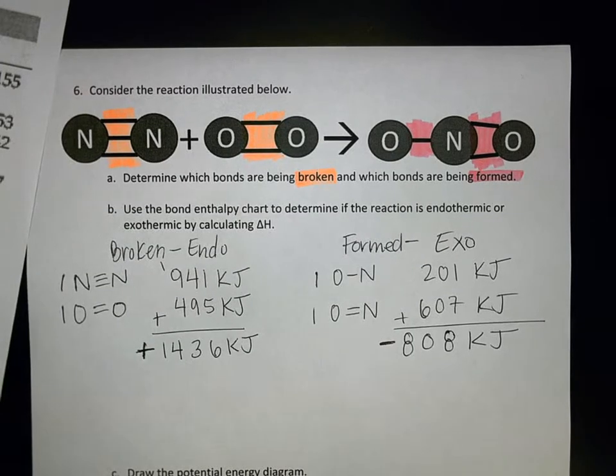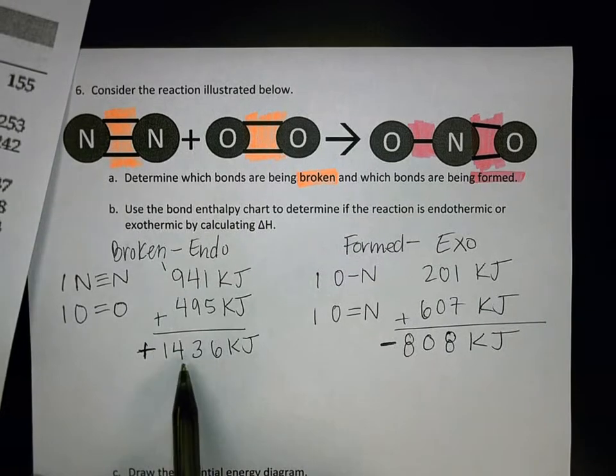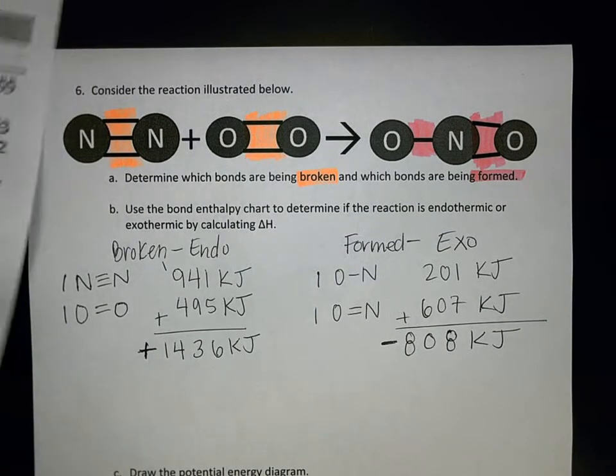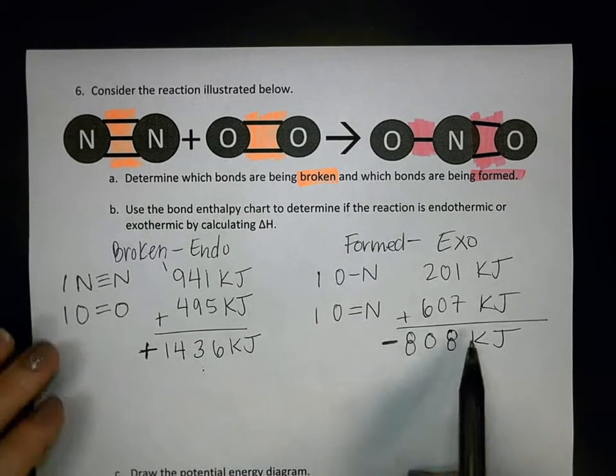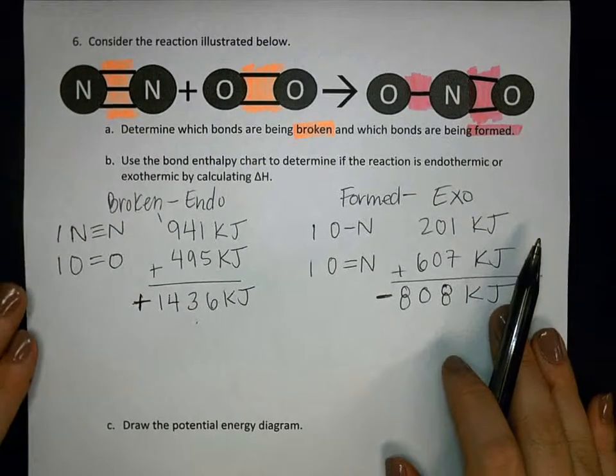Now what I need to do is take these two numbers, put them together, and determine whether this reaction is overall endothermic or exothermic. Remember, a reaction has an endothermic part where energy must be absorbed to break bonds, and an exothermic part where we must release energy in order to form bonds.